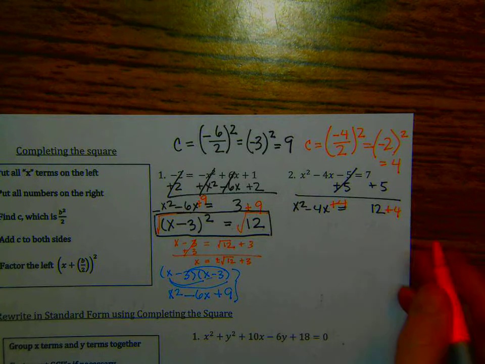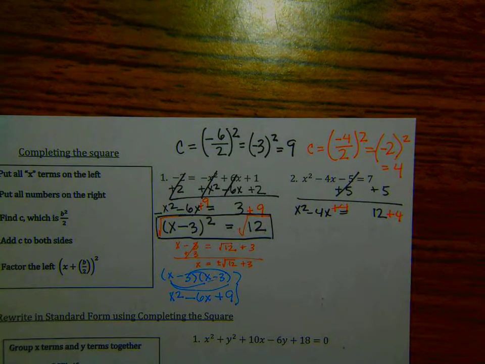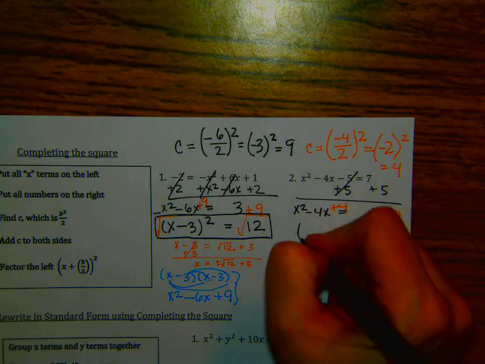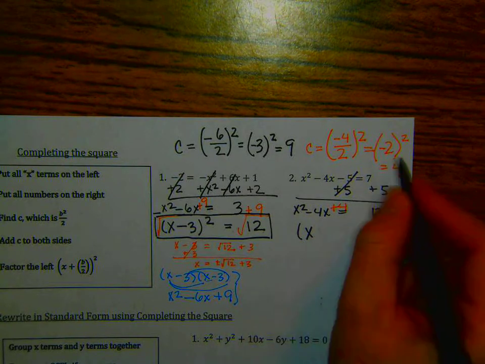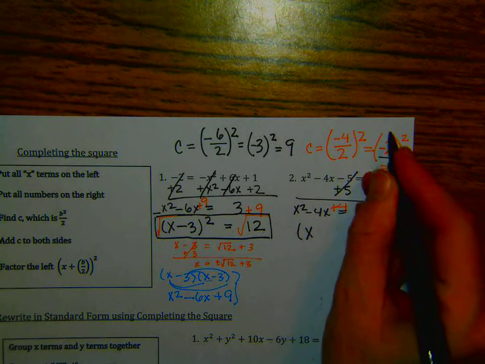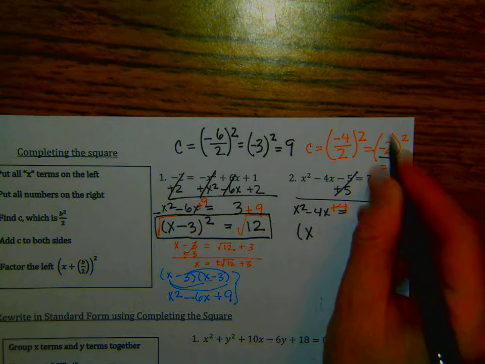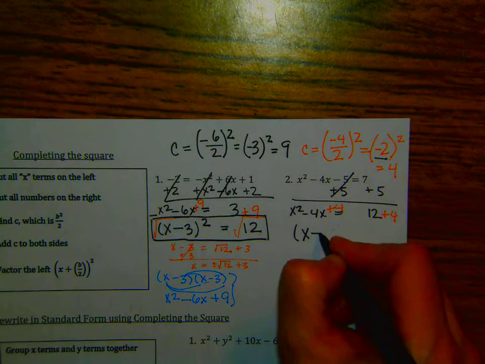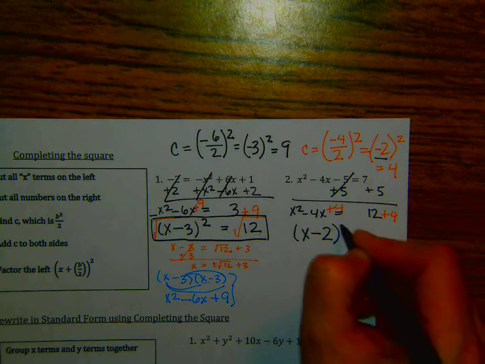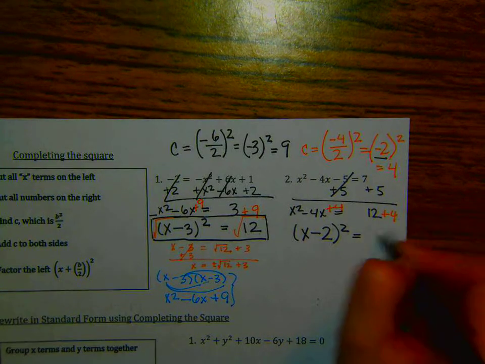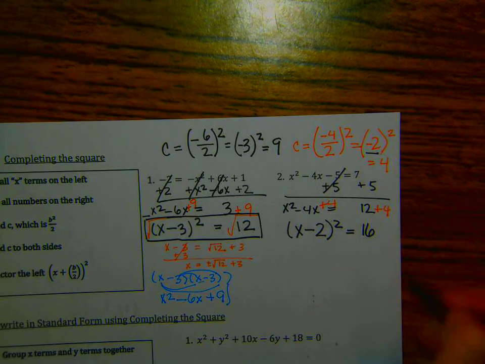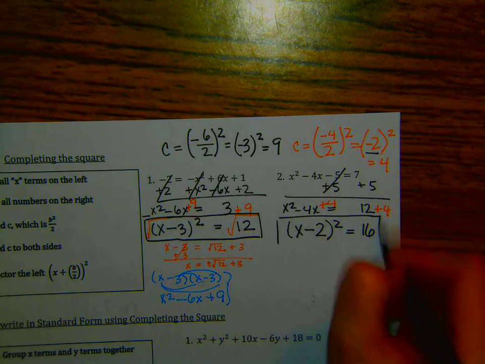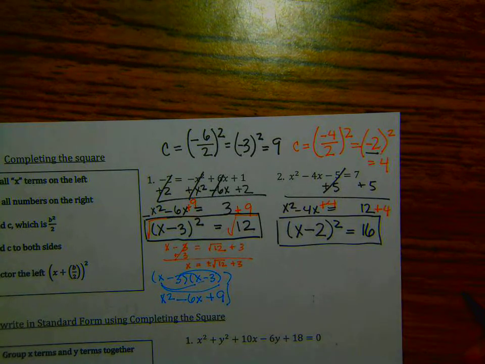It's algebra, they're balanced. Now, this is going to be x, what is it? It's the b over 2. That becomes my term for my binomial, x minus 2 squared equals 12 plus 4 is 16. And that is my completing the square problem.